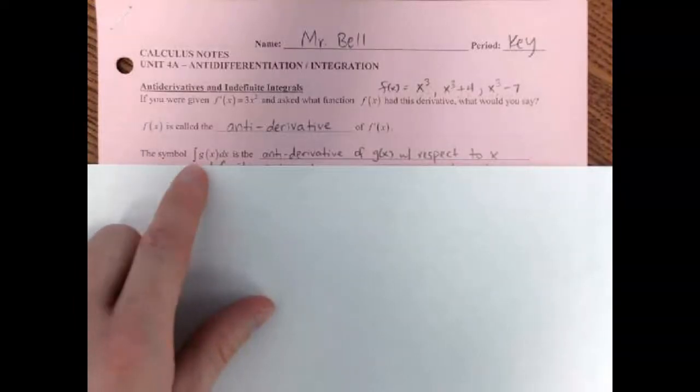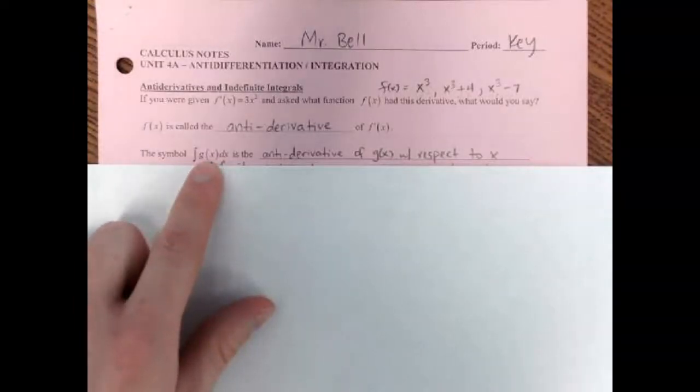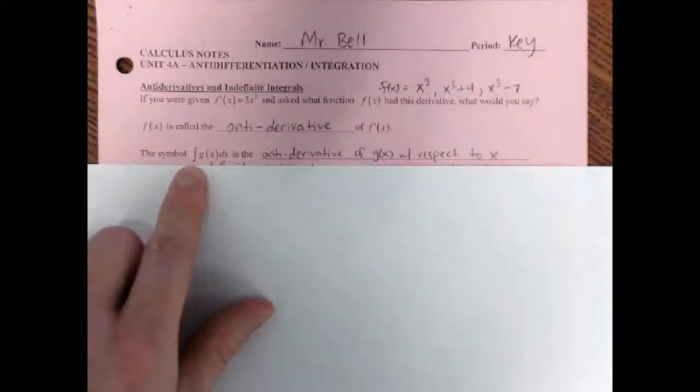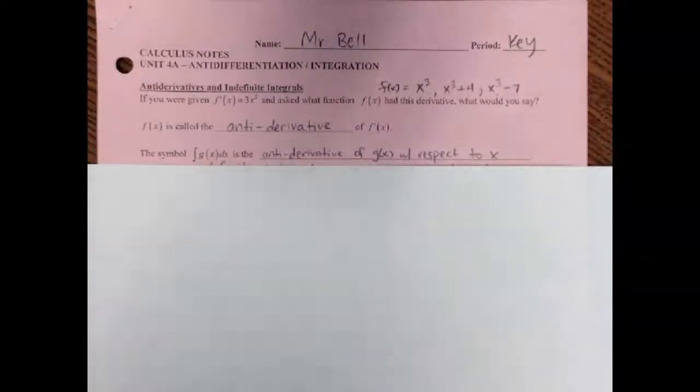So that's the antiderivative of g of x, and then this differential dx tells you what variable you're working with. So you're going to take the antiderivative of g of x, and then you need the differential that tells you the variable that you're working with respect to, x. So the integral symbol and then the differential, they're kind of your bookends for your notation.